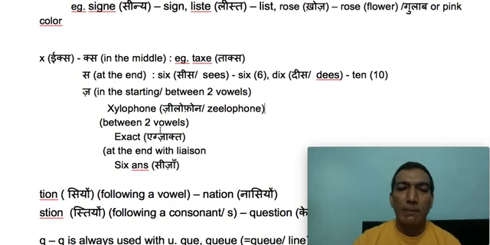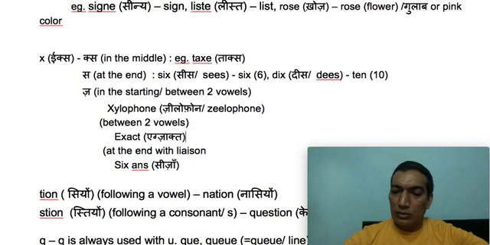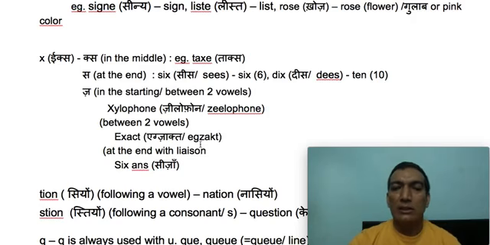Between two vowels it can be pronounced as egz, not x but egz, exact, so that you can understand the real pronunciation of this word exact in Hindi or in English.